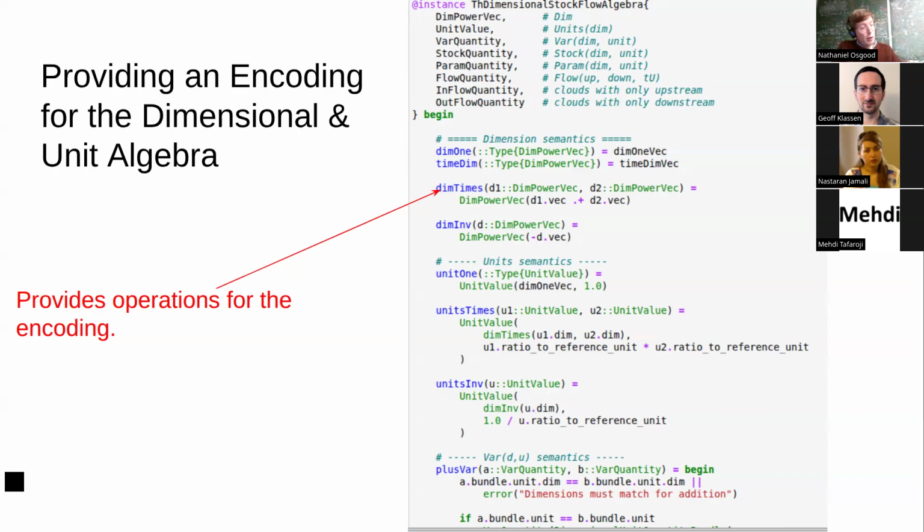Maybe they want to convert from miles to kilometers for the mileage efficiency, right? Or what have you. For distances.